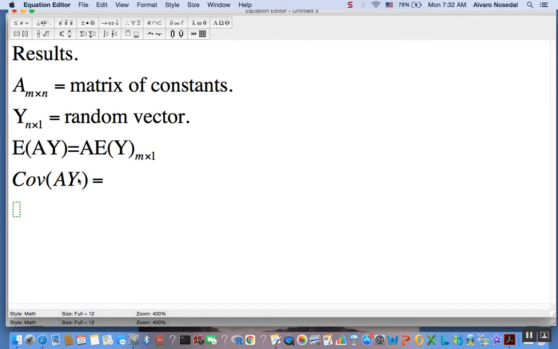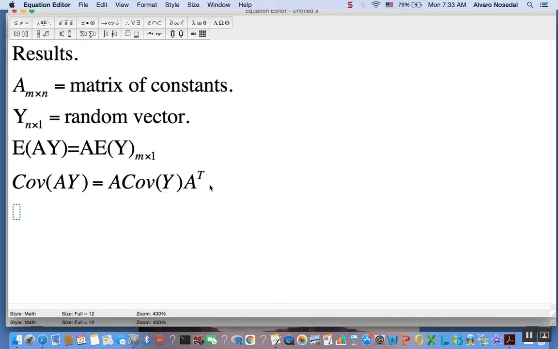In this case, we have something similar. You pull out that matrix of constants, then you have the covariance matrix of y, and then you post multiply by the transpose.